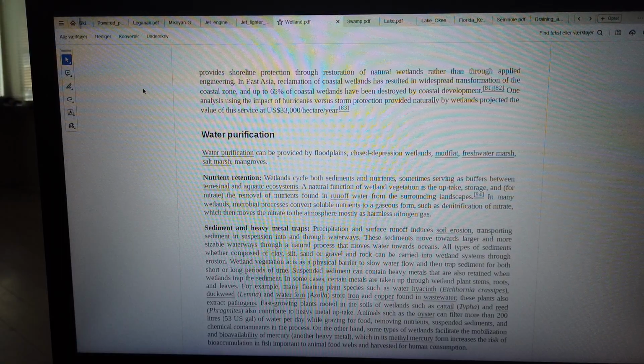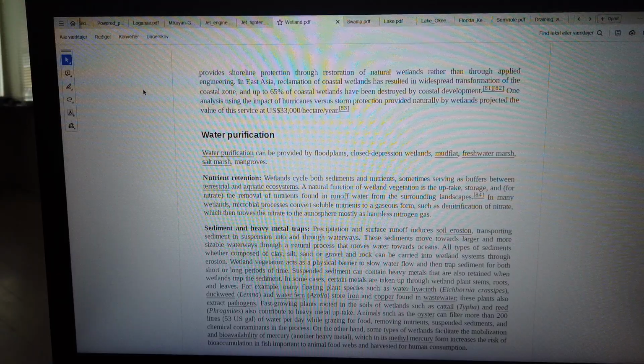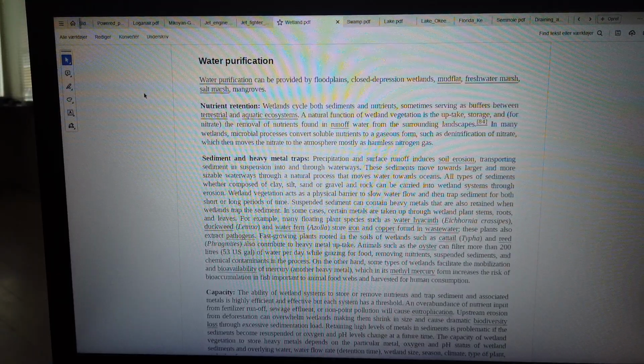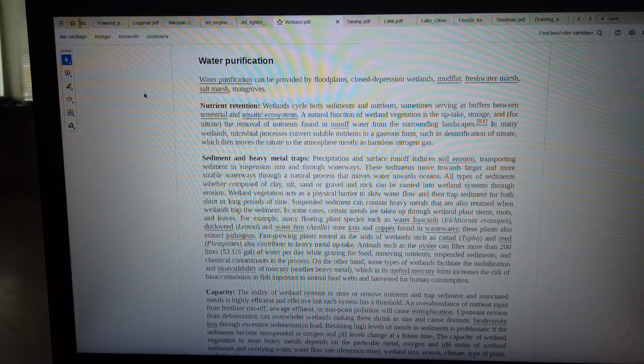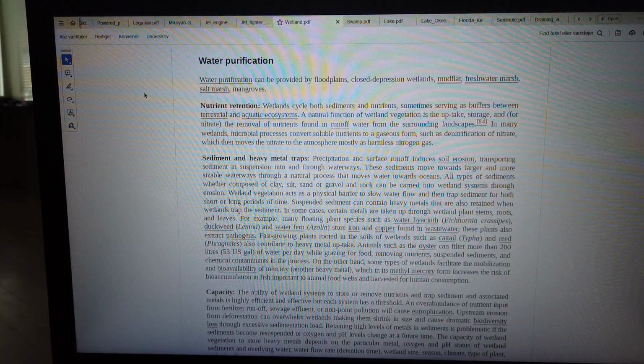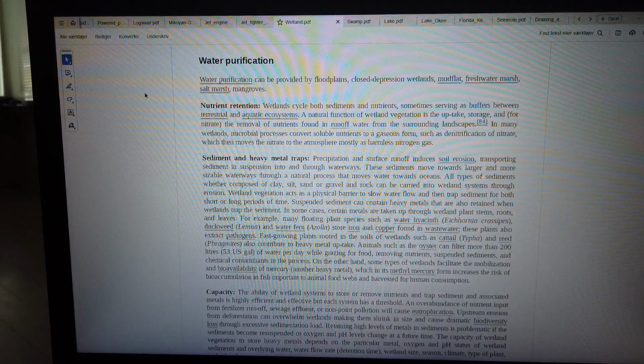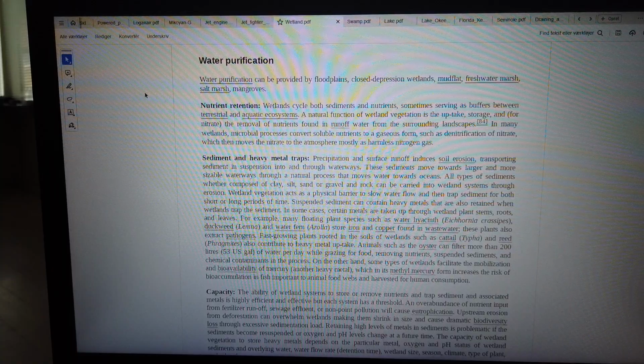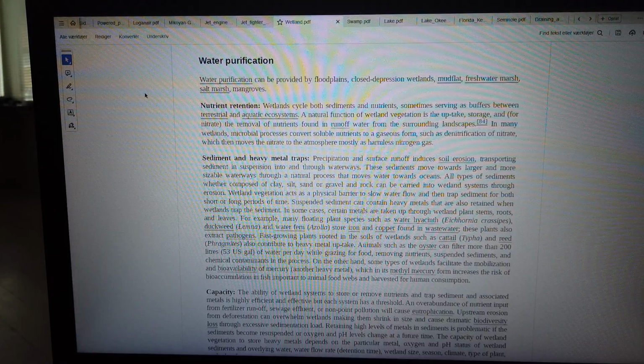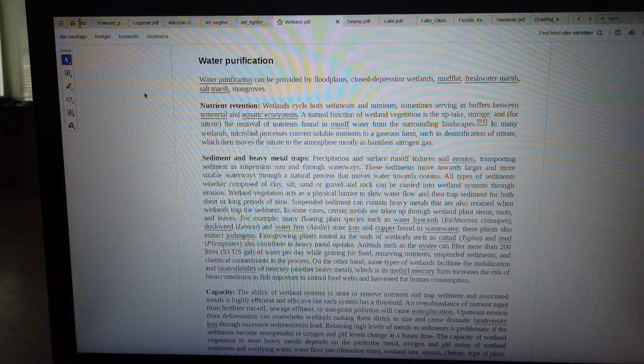An analysis using the impact of hurricanes versus storm protection provided naturally by wetlands projected the value of this service at $33,000 per hectare per year. Water purification. Water purification can be provided by floodplains, closed depression wetlands, mudflat, freshwater marsh, salt marsh, and mangroves.